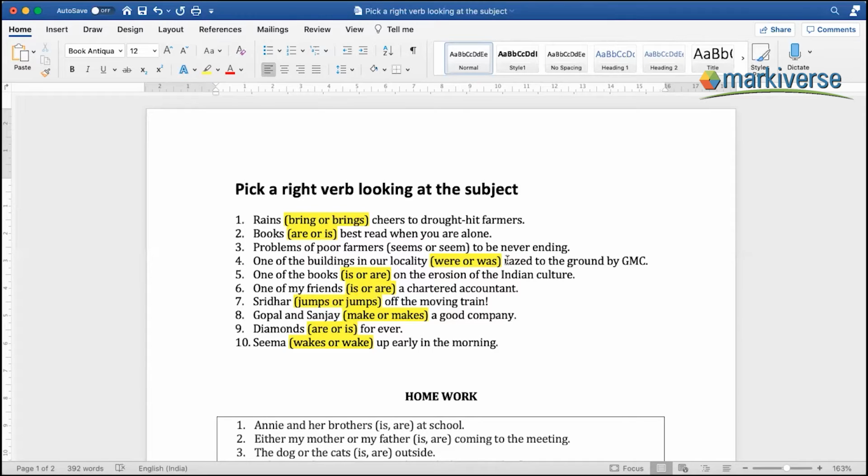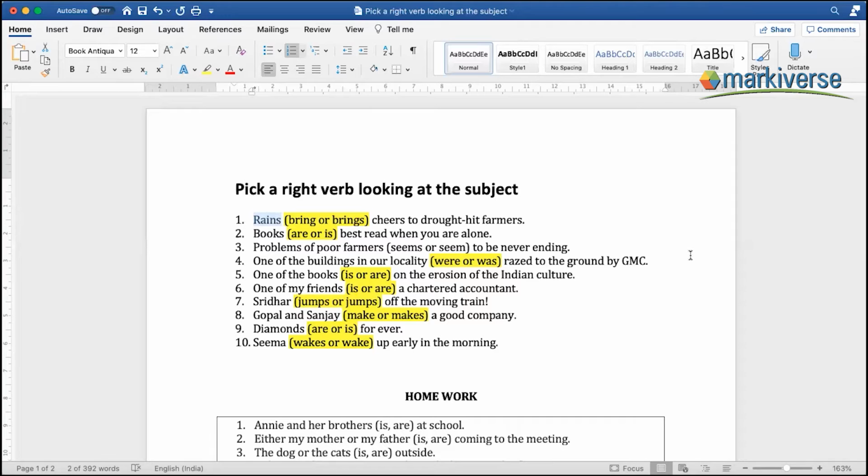So here, let's take the first one. The first sentence says, rains bring or brings cheers to drought-hit farmers. So which one do you use? We should always look at the noun or the subject of the sentence. Subject usually comes in the beginning of the sentence. So rains is the subject. The next question we need to ask is, is rains singular or plural?